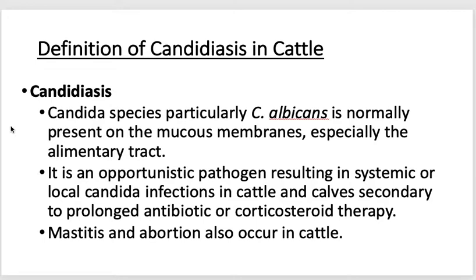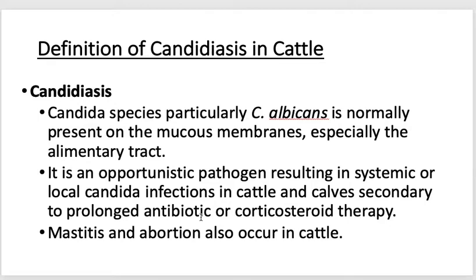This drop in the immune system can be caused by corticosteroid therapy, or by death of the normal flora in the animal body, and the normal flora in the GIT can be reduced in number by prolonged use of antibiotics.